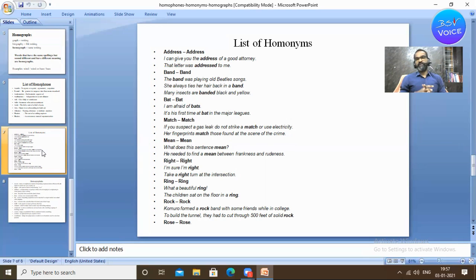Rock and rock. Rock is big, right? A huge stone, the rock, and then the other rock we can see here. Komuram formed a rock band. It's a music band, with some friends while in college. To build the tunnel, they had to cut through 500 feet of solid rock to build a construction.